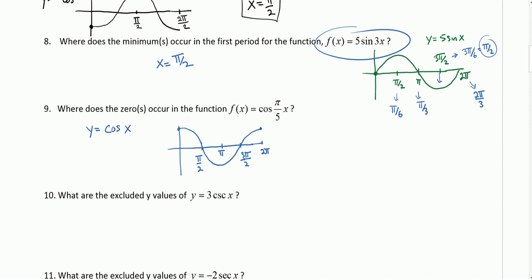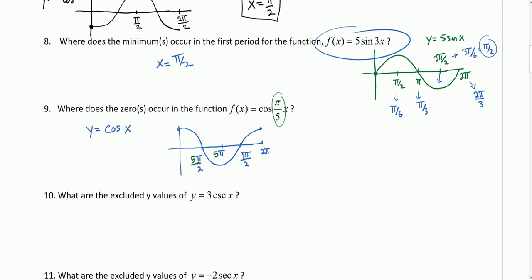Because we have cosine of x over 5, what we end up doing is changing the period by multiplying all these numbers by 5. So pi over 2 becomes 5 pi over 2. This becomes 5 pi.